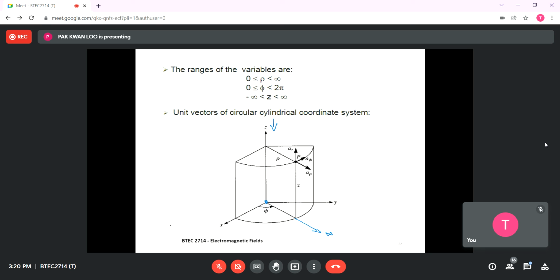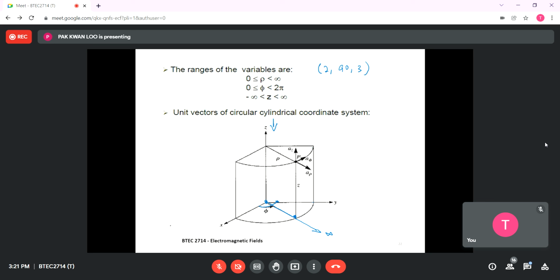If we take any point, let's say I have 2, 90 degrees, 3, for example. How we trace it is, radius 2 is here, for example. 90 degrees is from here to here, right?